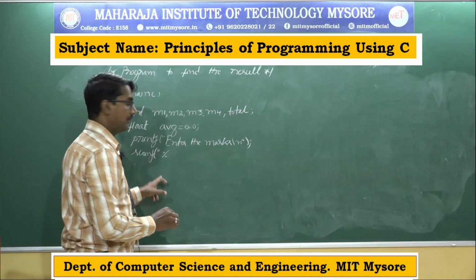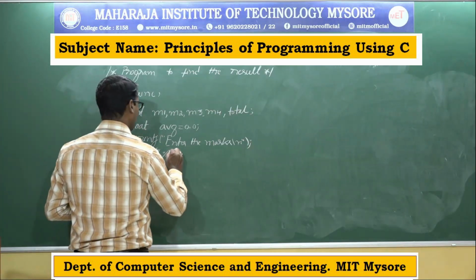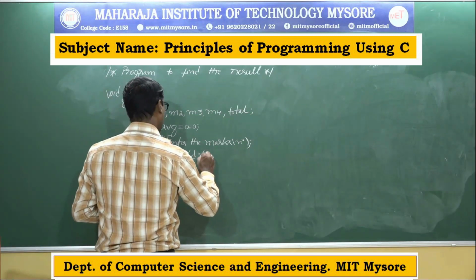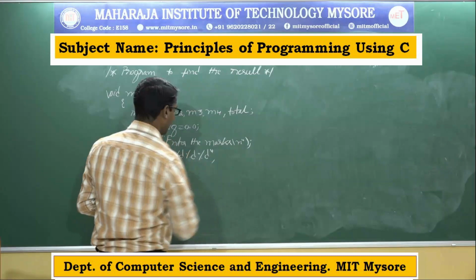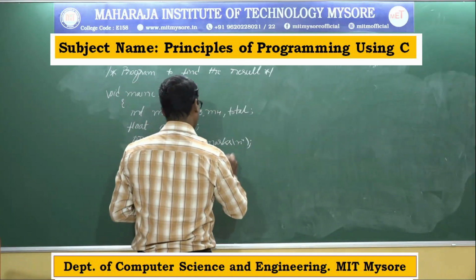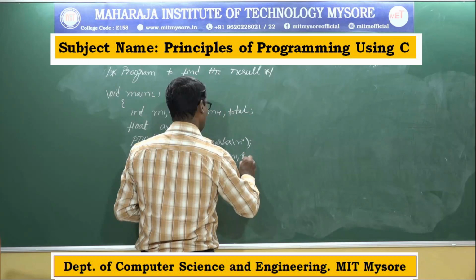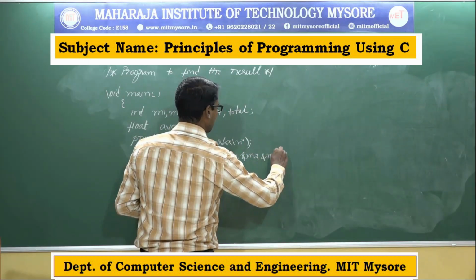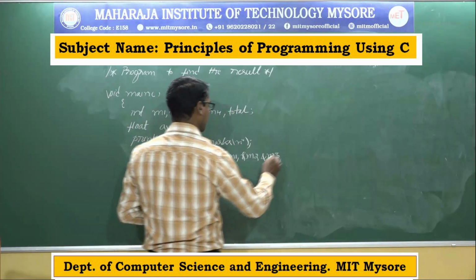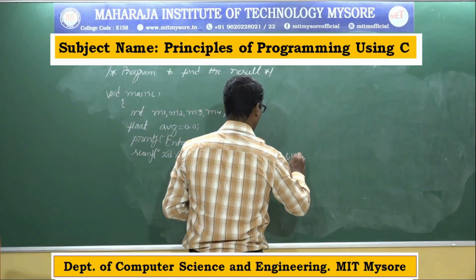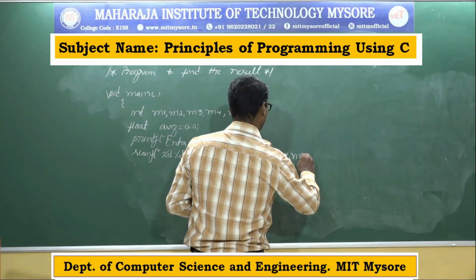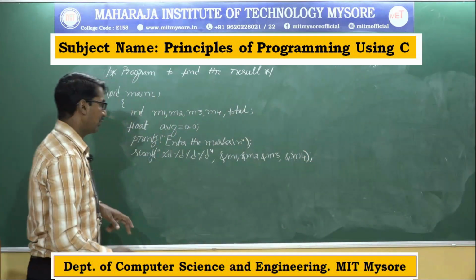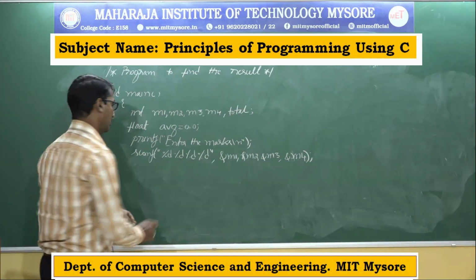We need to read 4 subject marks, so %d %d %d and %d. For 4 subjects, that is address of M1, address of M2, address of M3, address of M4. So after reading the marks, we need to find the total.